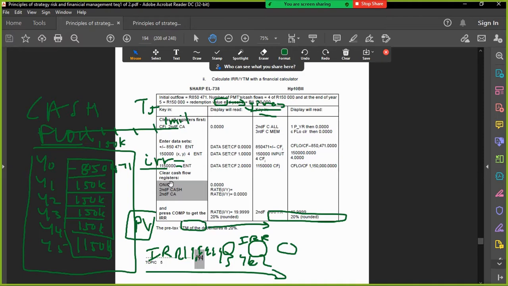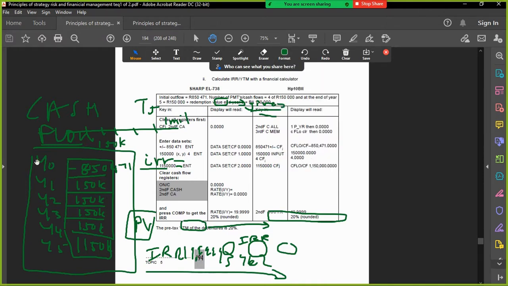So press on/AC, then press second function cash, second function CA. Then you've got to scroll, I think. You've got to press the arrows up and down. You've got to look for IRR, and press comp to get IRR. Do you get 19.999? Yes, I'm getting 19. Okay, there we go. That's how you would do IRR on a calculator when you have cash flows.